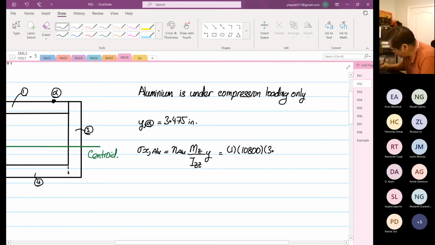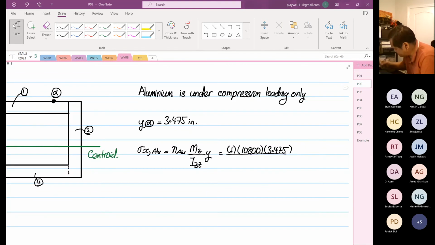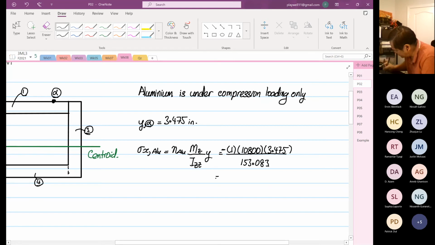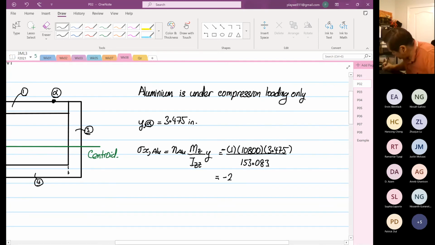Y is 3.475. And divided by the I, which is 153.083. And it's under compression, minus. So we get 10800 times 3.475 divided by 153.083. So this is equal to minus 245.161 psi.